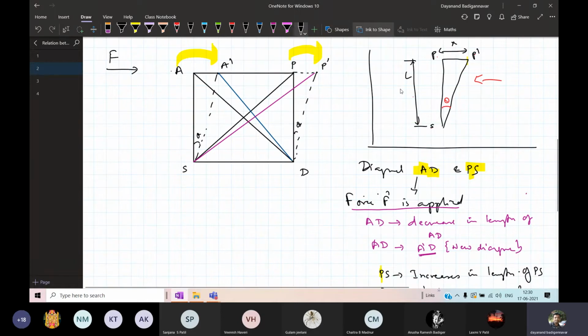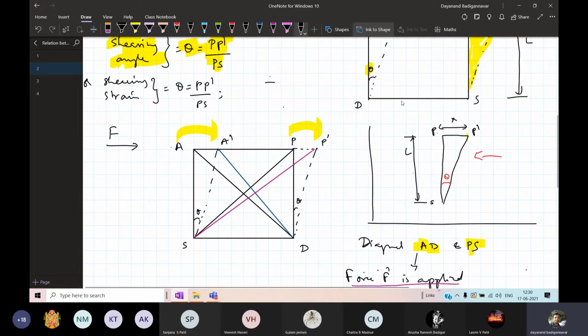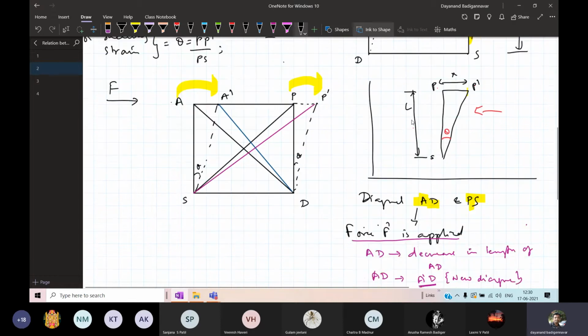Now if I apply the force, there is a change in position from A to A dash, P to P dash. The diagonal also changes from AD to A dash D, SP to SP dash.